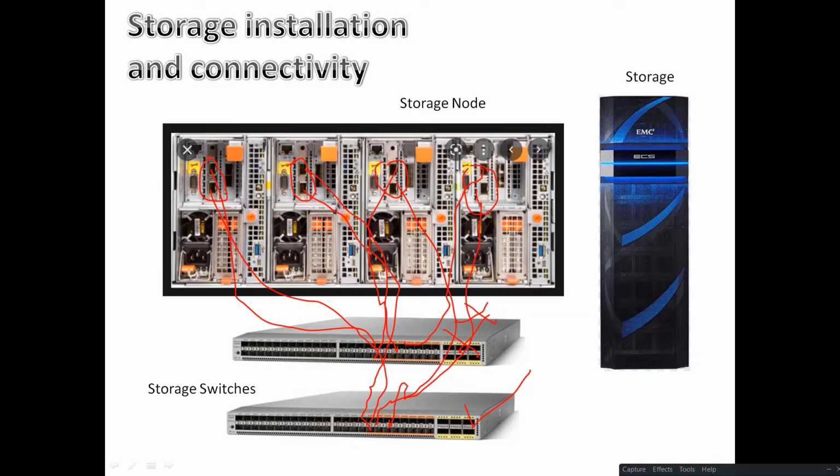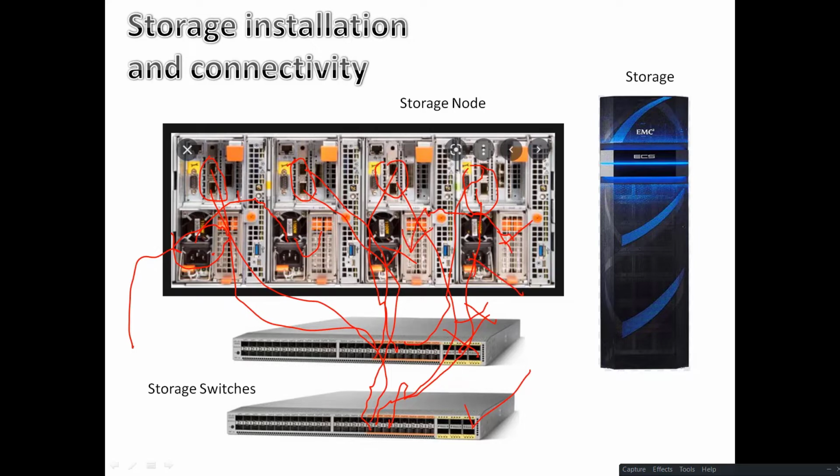Similarly, in the new modern storages, you can see there is only one power supply. But if this goes down, it has a redundant internal mechanism. EMC's new storages come with that. This node will start getting power from the second node, and if this power goes down, this node still has connectivity via this.